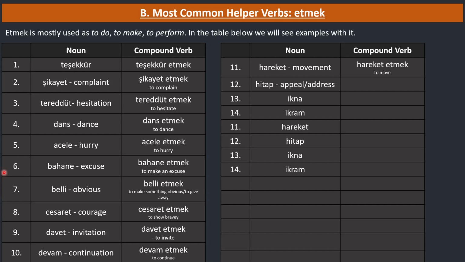There's a new movie, but you don't like it. You want to say like, it doesn't appeal to me. Bu film bana hitap etmiyor. Or bu yemek, this food doesn't appeal to me. Bu yemek bana hitap etmiyor.